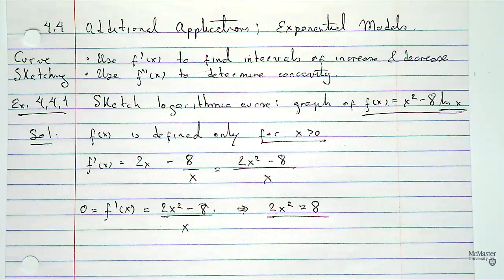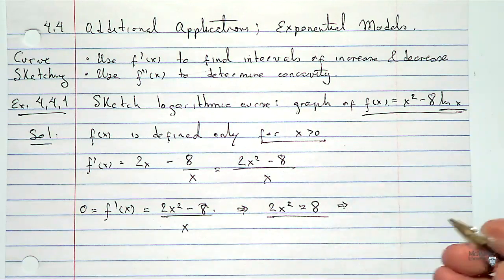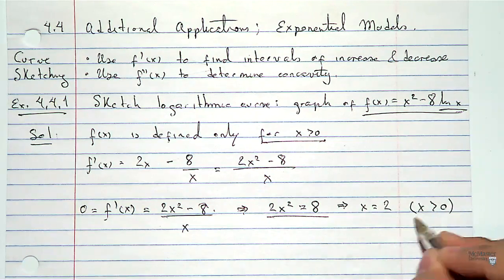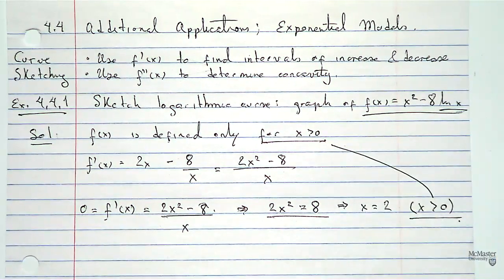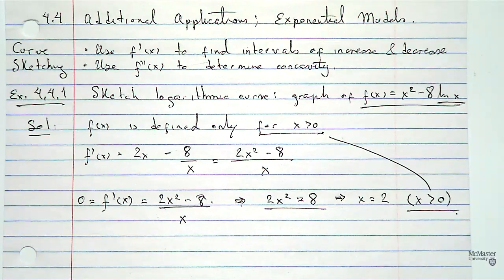That is clear, right? So if I simplify, basically I would have x squared equal to 4, which means that x is equal to 2, because I have the condition x greater than 0 from here. So there is no way that I can consider the other root. So just pass x squared equal to 8 divided by 2, which is 4. Take the square root. X has to be positive. You have that.